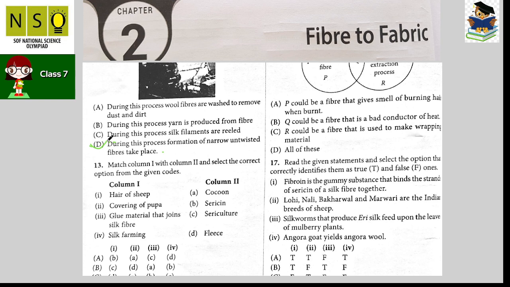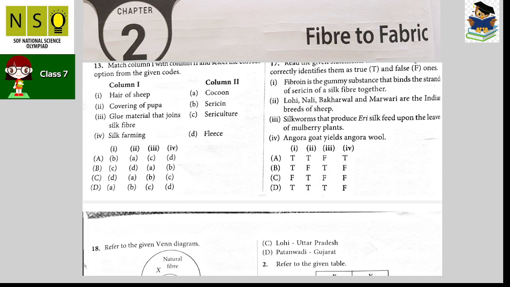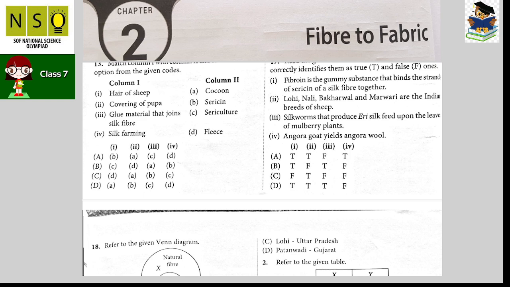Now we move to the 13th question. Match column 1 and 2 and select the correct option from the given codes. Column 1 says hair of sheep, covering of pupa, glue material that joins silk fiber, and silk farming. Column 2 says cocoon, sericin, sericulture and fleece.